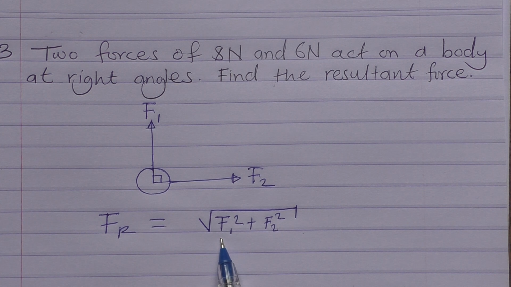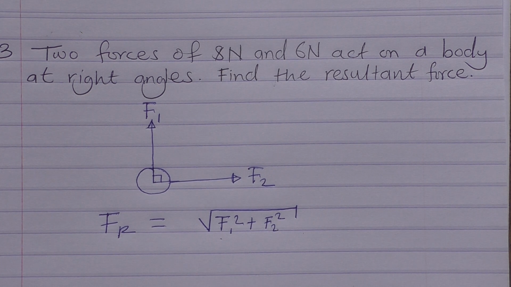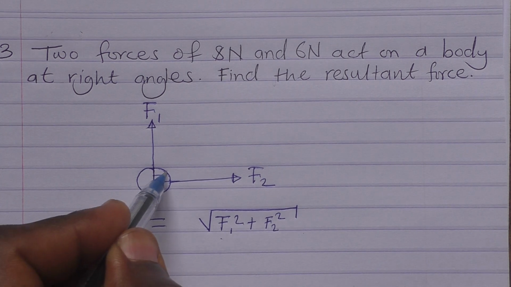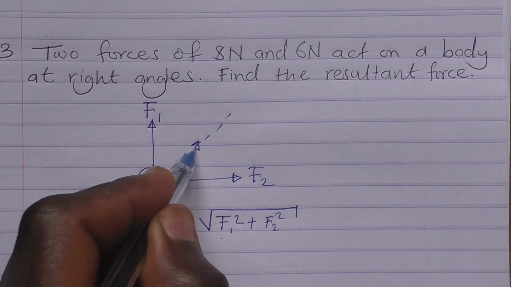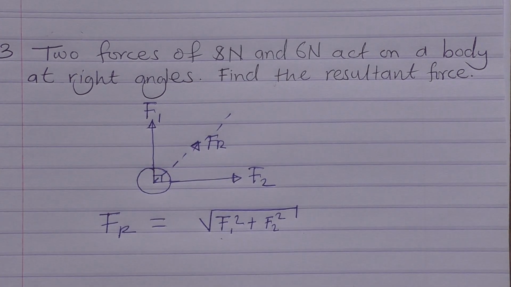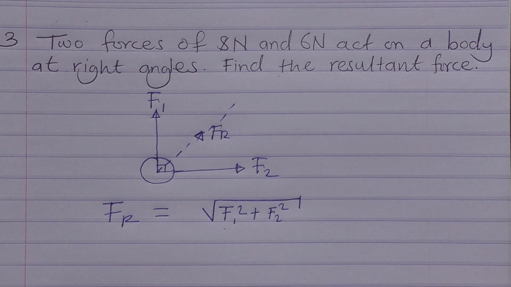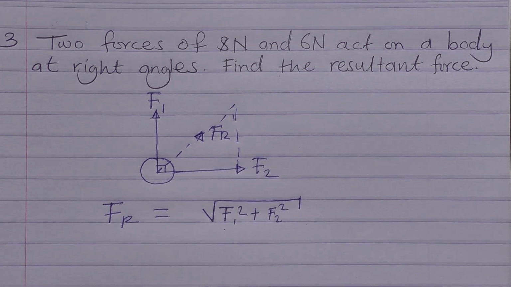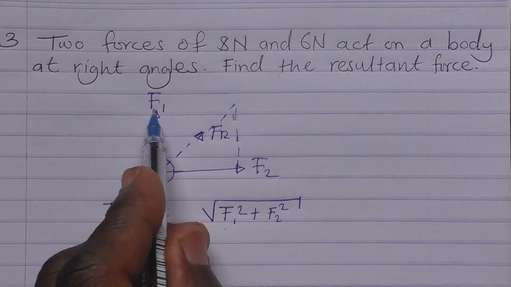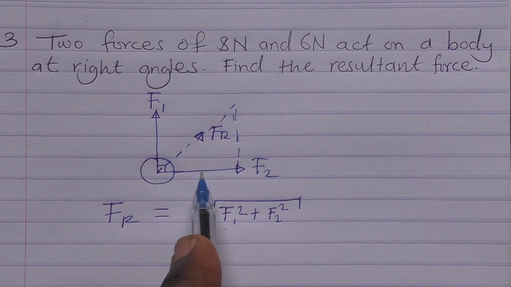This was derived from the Pythagoras theorem, a method that shows us how we solve right-angled triangles, because the resultant will probably be in that direction. This is where our resultant force will be acting. And therefore, when we connect to form a right-angled triangle, the vertical is F1, the horizontal is F2.